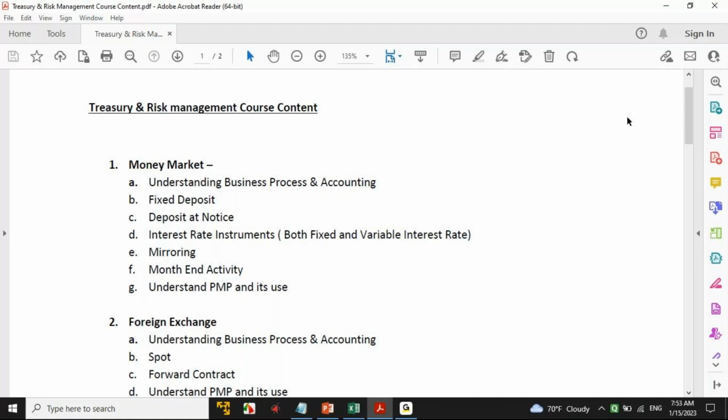Under interest rate instrument we have many things, both variable rate of interest and fixed rate of interest. We also have to understand what mirroring is. Mirroring is basically terminology used for intercompany loans. Then, what are the month-end activities associated with the investment?